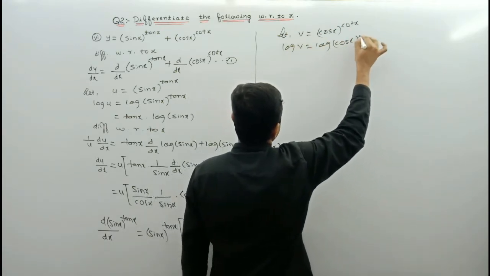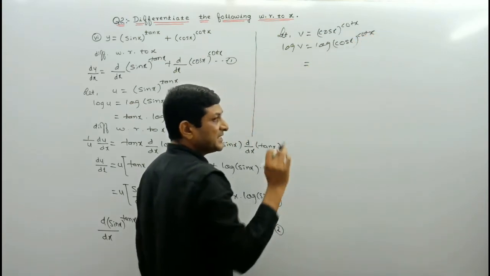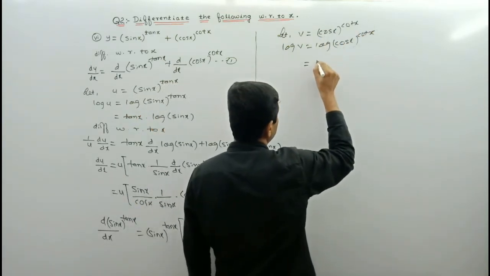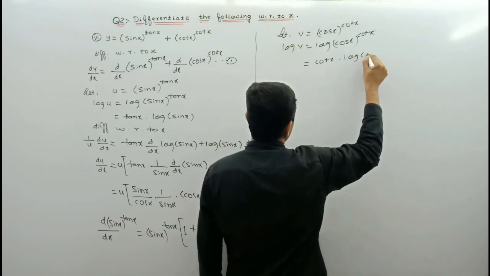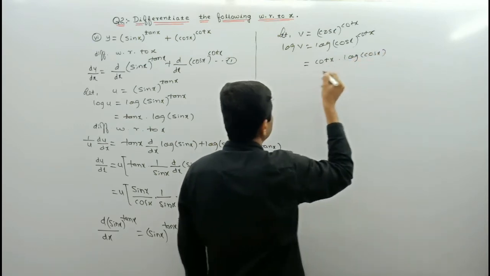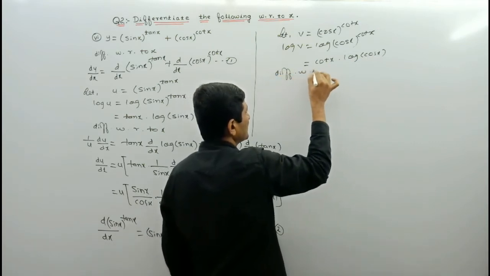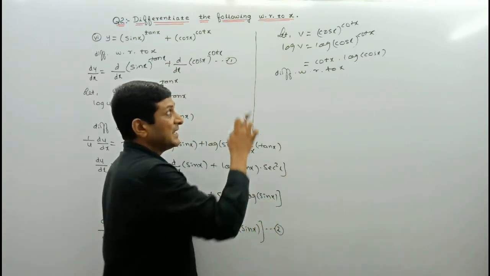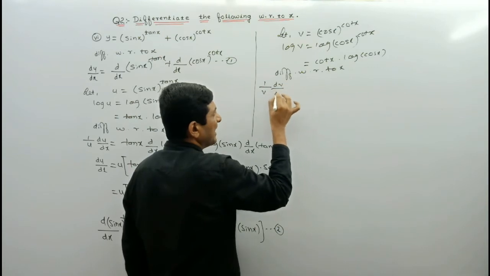So log of cos x raised to power cot x. Now we are simplifying it, applying laws of logarithm. Take that power as a coefficient, means cot x we are taking as a coefficient, into log cos x, keep it as it is. Now derivative of log v, we are differentiating it because already the function is in the simplest form, so we are able to differentiate it with respect to x, and the derivative of log v will be equal to 1 upon v into dv by dx.